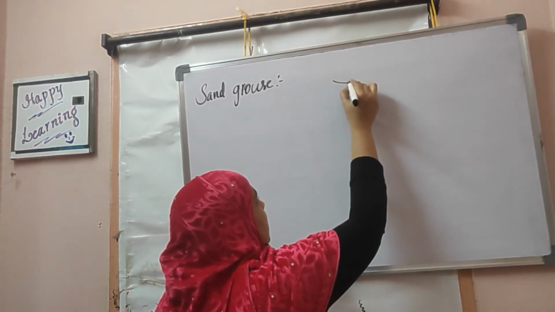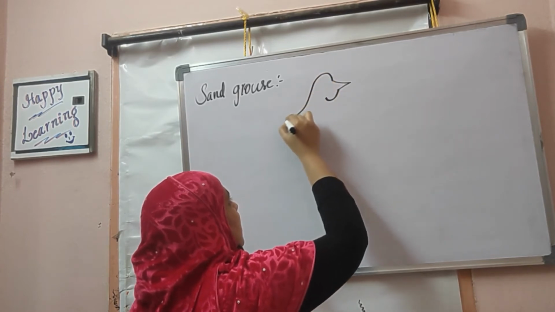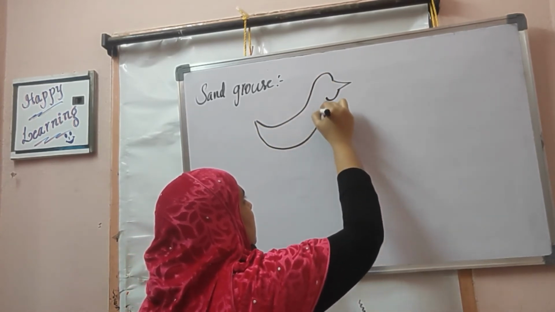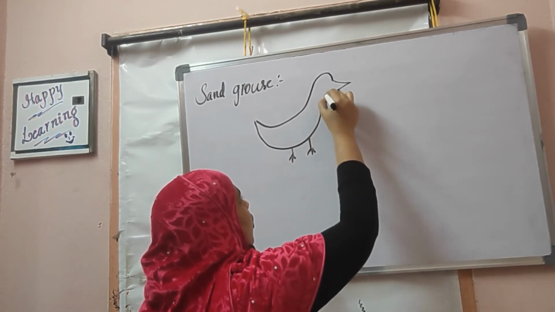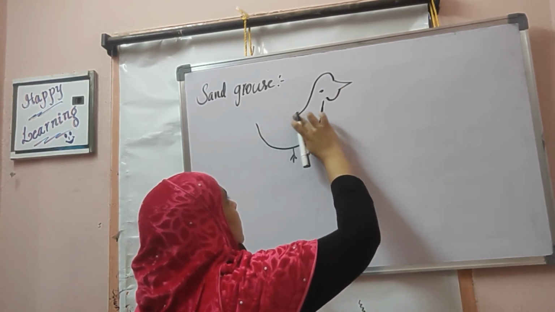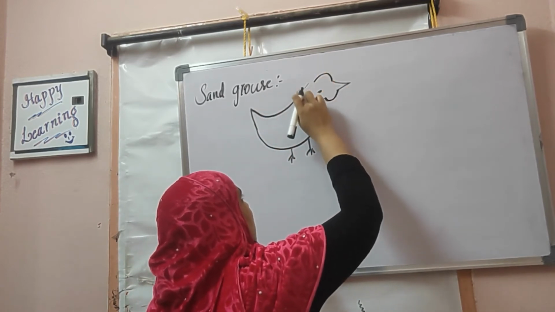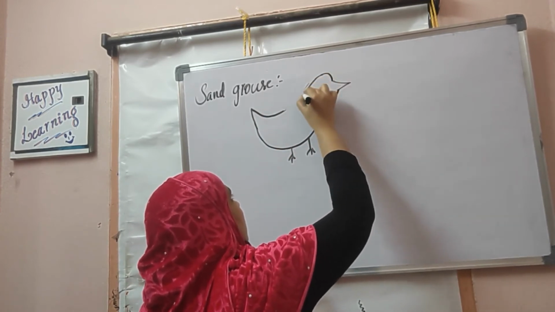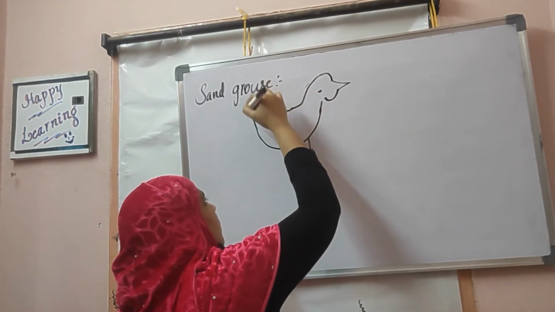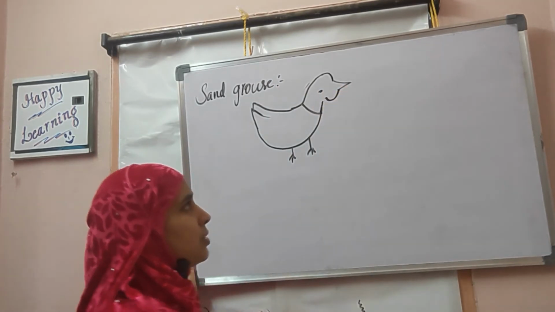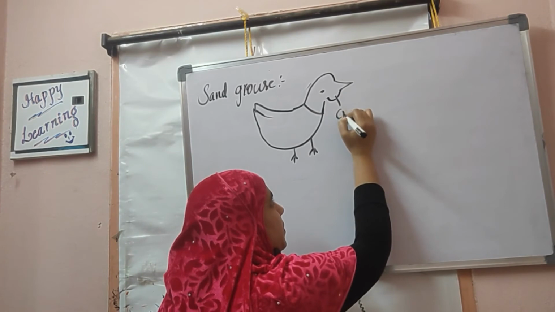Okay, its beak has a small crop. This is the entire bird. Like this it looks. This is a different color, this is a different color. So a small crop is present.